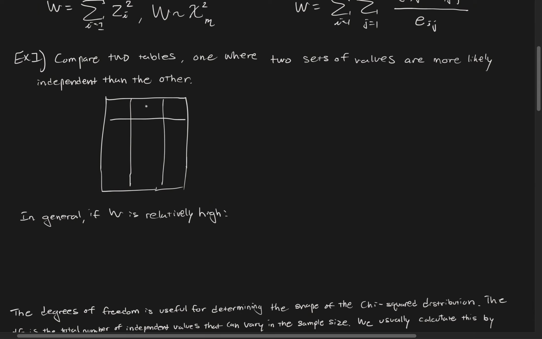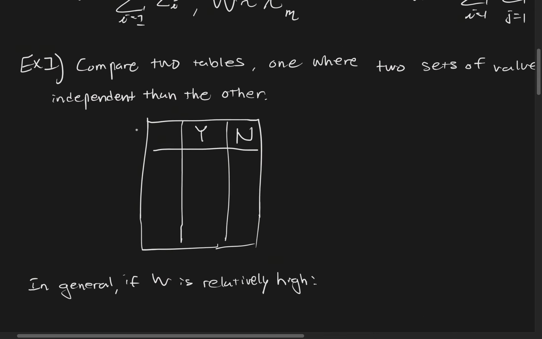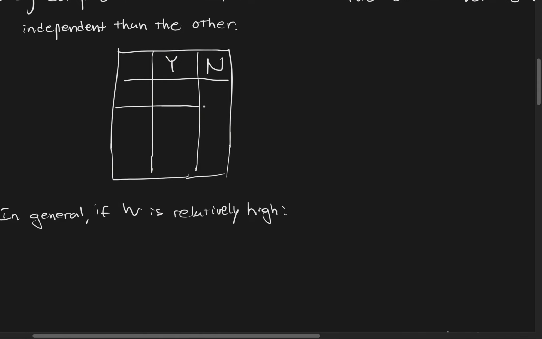For the satisfactoriness of grades, we either get a response of yes or no. And for our input variable, we'll say they either slept well, slept decent, or slept poorly.